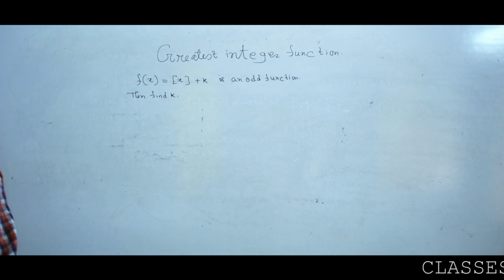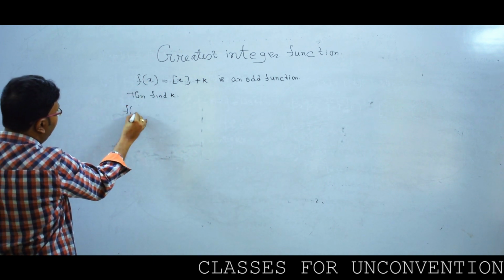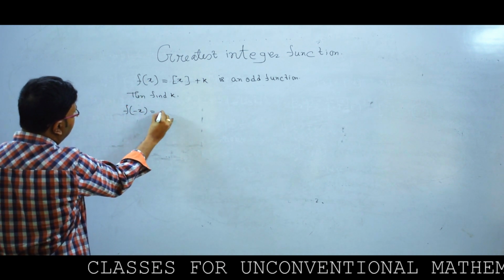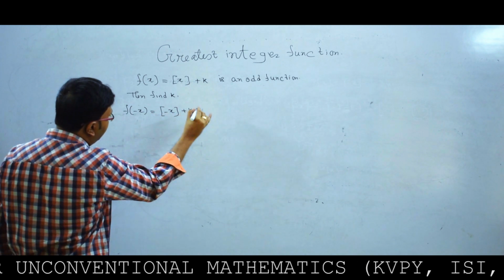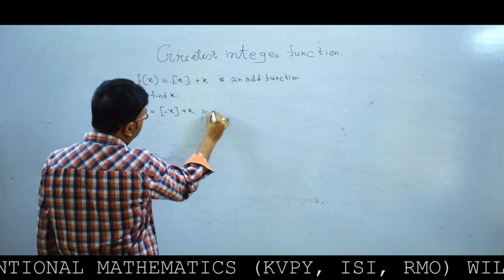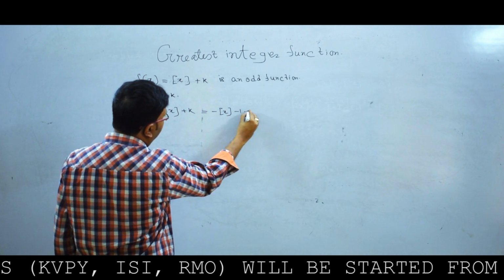First of all, if I replace x by minus x, then we will get f of minus x equals box of minus x plus k, which is equal to minus box x minus 1 plus k.